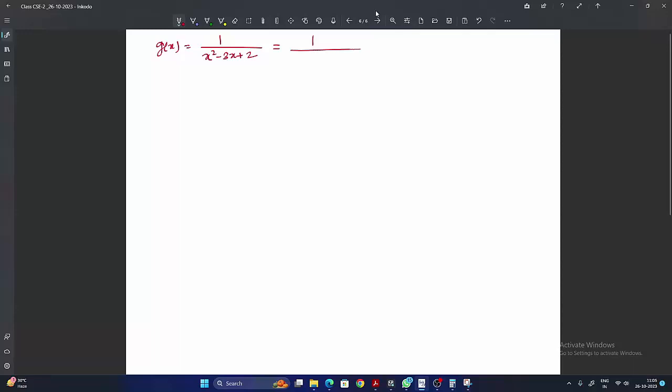So first you have to take it as x minus 2 into x minus 1, then you have to partially factorize this. That means 1 by x minus 2 minus 1 by x minus 1. After that it is x minus 2 to the power minus 1 and minus x minus 1 to the power minus 1.